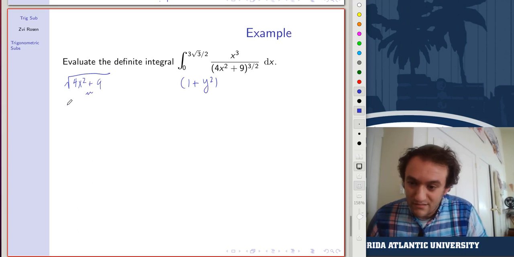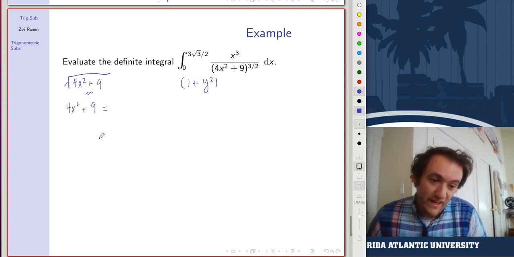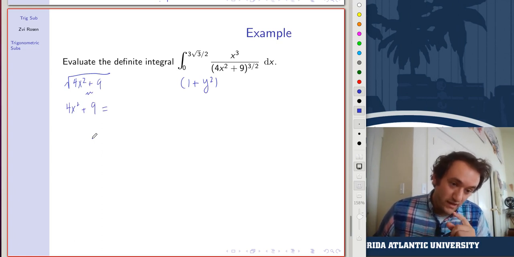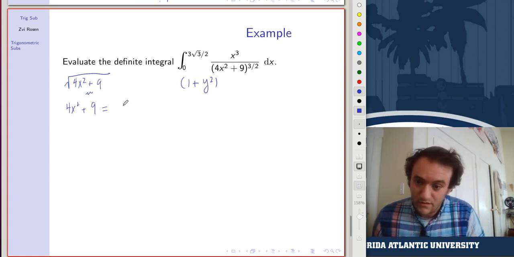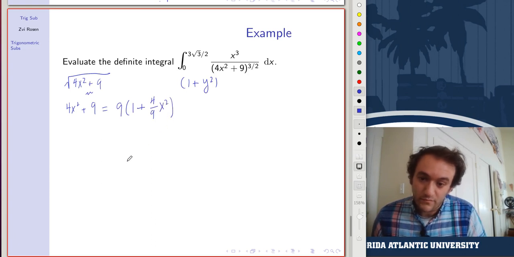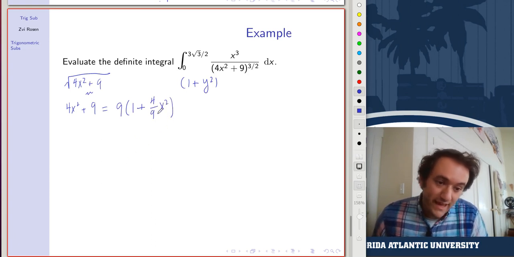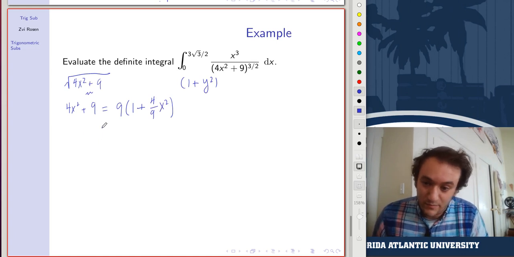What we'll do is, as before, with 4x squared plus 9, first factor out a constant to make the constant term equal to 1. So we have 9 times 1 plus 4/9 x squared. Now we want to group x together with a constant to make it a simple square. We get 9 times 1 plus 2x over 3 squared.